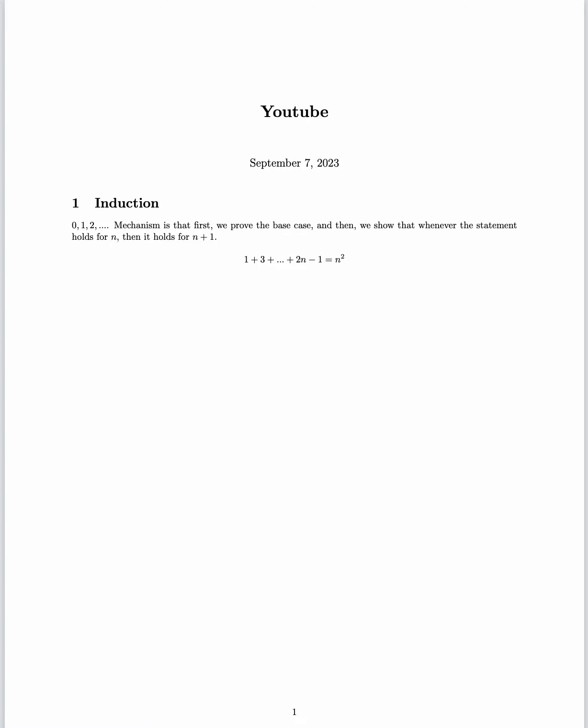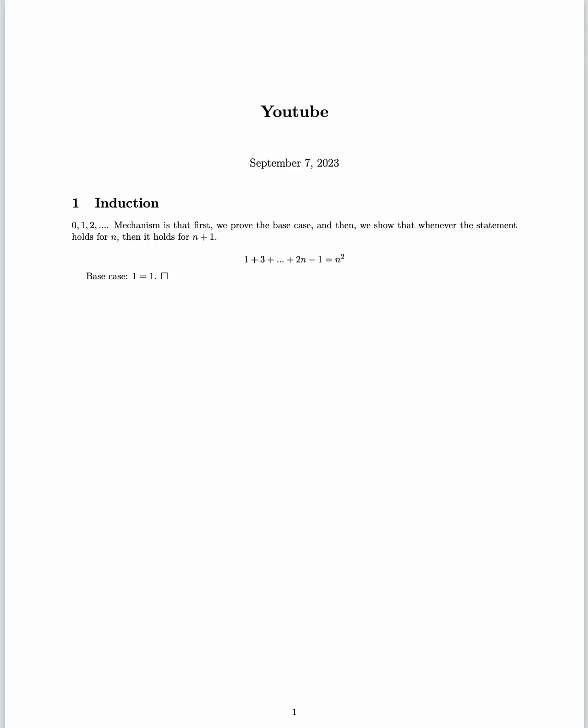First, what's the base case? When n is equal to 1, then 1 is equal to 1. That's definitely true, no big deal. What's next? Remember, our inductive hypothesis is that 1 plus 3 plus and so on up to 2n minus 1 is equal to n squared.